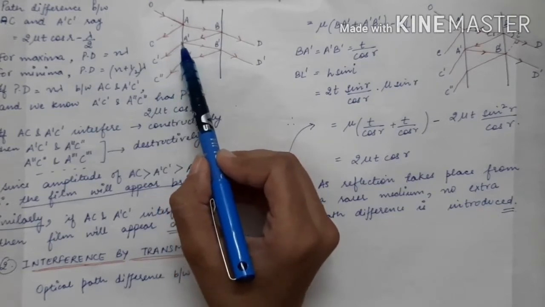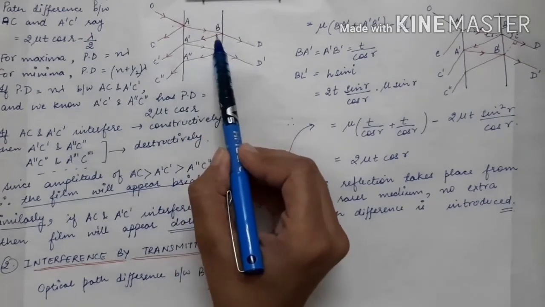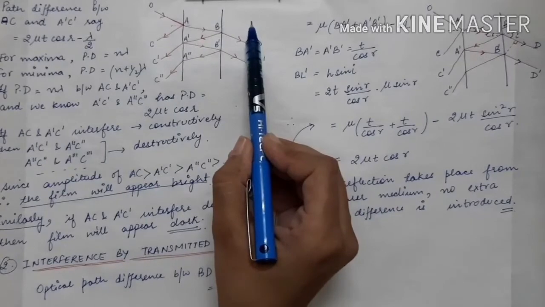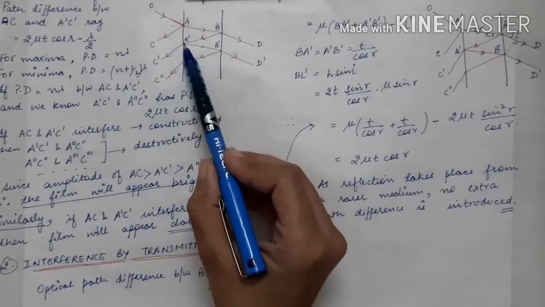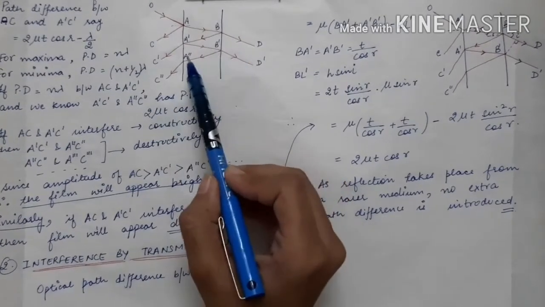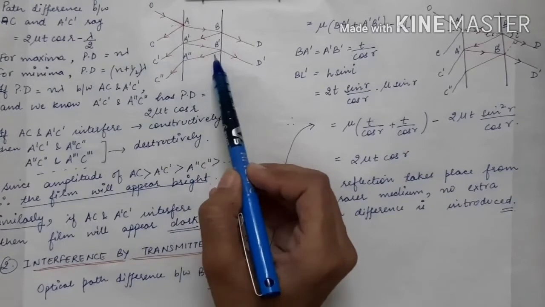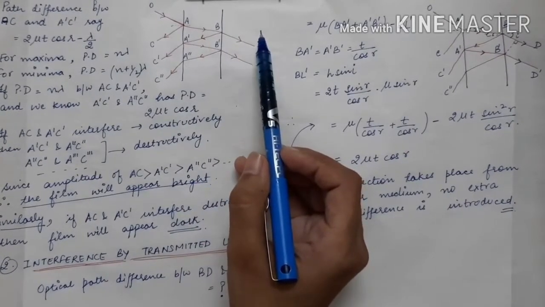Now let us find the optical path difference between the second and the third reflected ray. You can clearly see the A prime C prime ray is never getting reflected from a denser medium, and similarly the A double prime C double prime ray is also not getting reflected from a denser medium. They both are getting reflected from the rarer medium, and hence there will be no path difference introduced.